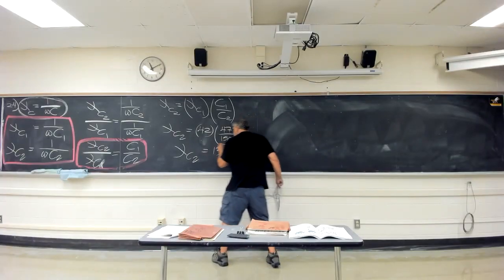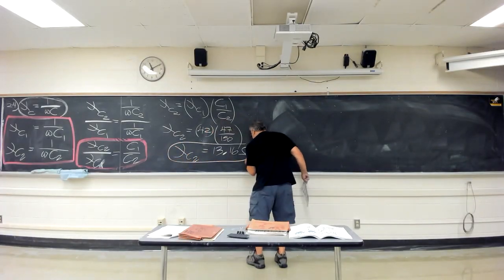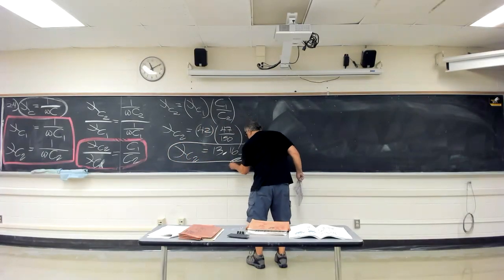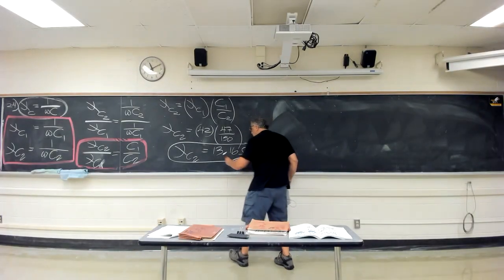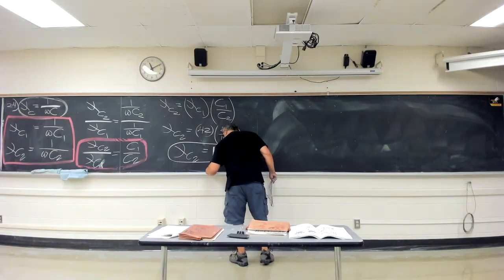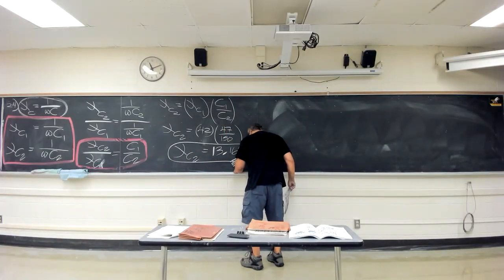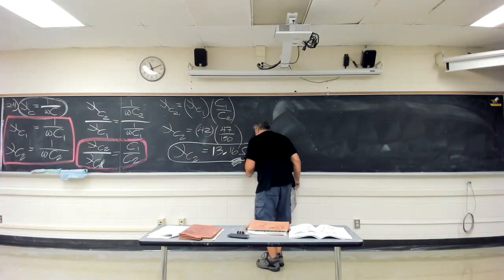You've got less than 1/3 the capacitive reactance when the capacitor in question is more than 3 times what the other one is. Pretty interesting. Makes sense. It can easily get charge onto it, so there's not really a resistive aspect to it as much as it was earlier. Something to kind of think about.